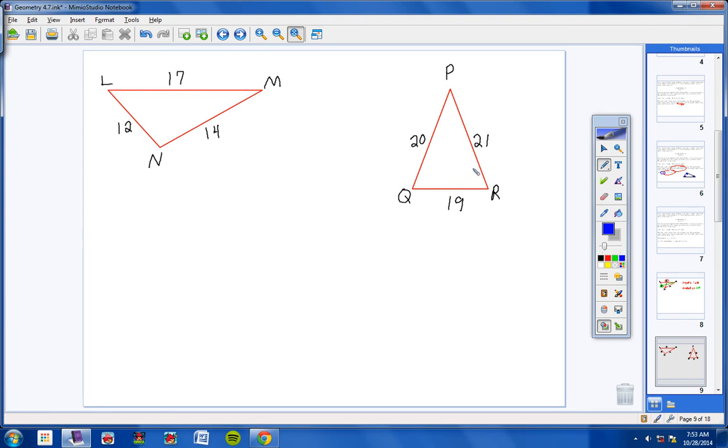So here we go. I'm going to find the smallest side, which is this side right here, and then go straight across. So angle P is the smallest angle. Now I'm going to find the next smallest side, which would be 20. Go straight across to this angle, and that would be the second smallest angle.